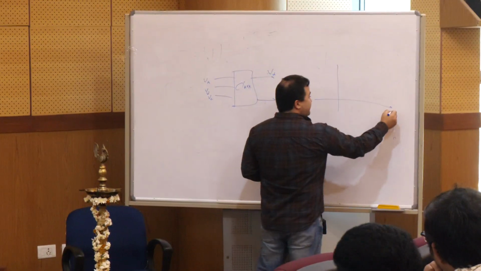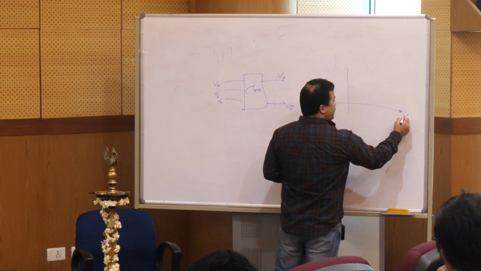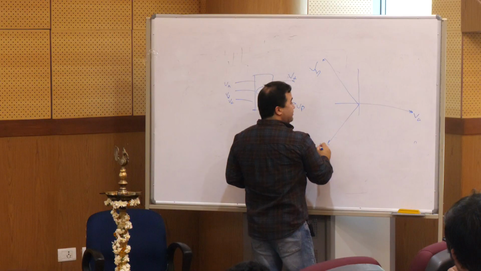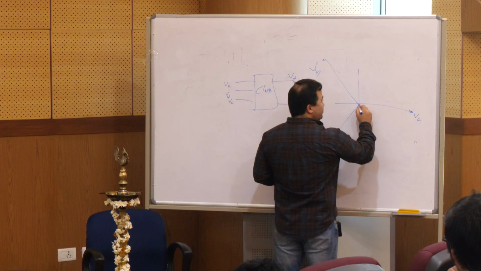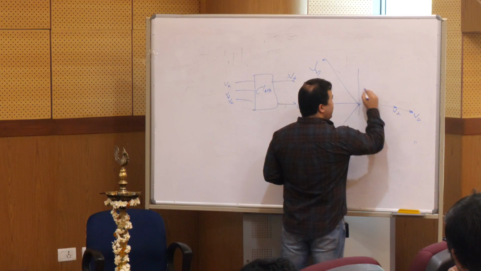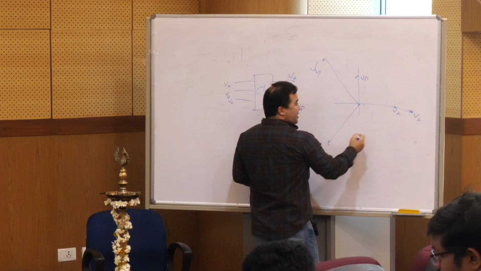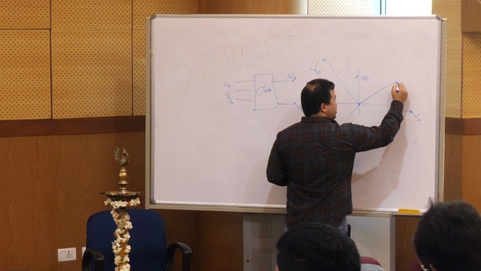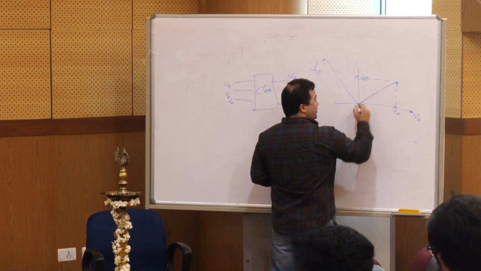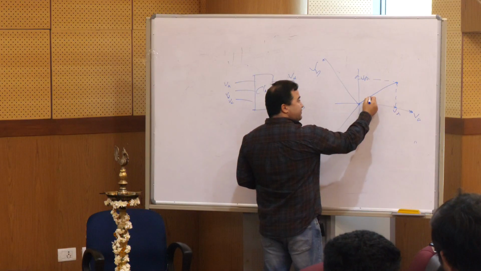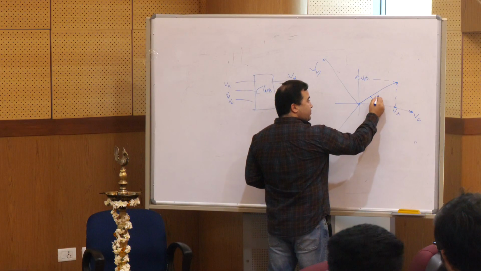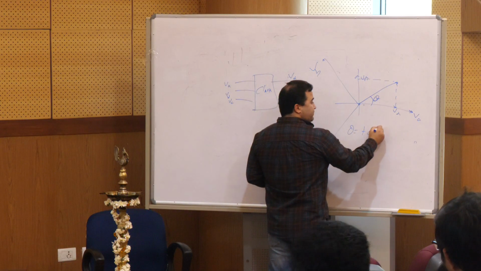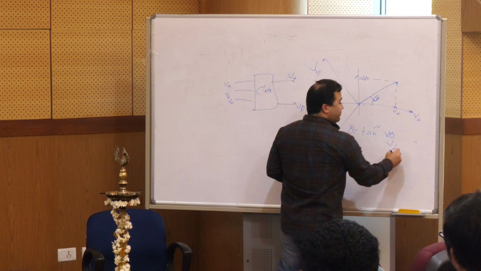So it is basically VA, VB, VC, okay? And it transfers to V alpha, V beta. And then the reference is changing based on the V alpha and V beta. So the PLL gives this one, theta. Okay, theta is equal to the inverse tangent of V beta over V alpha.